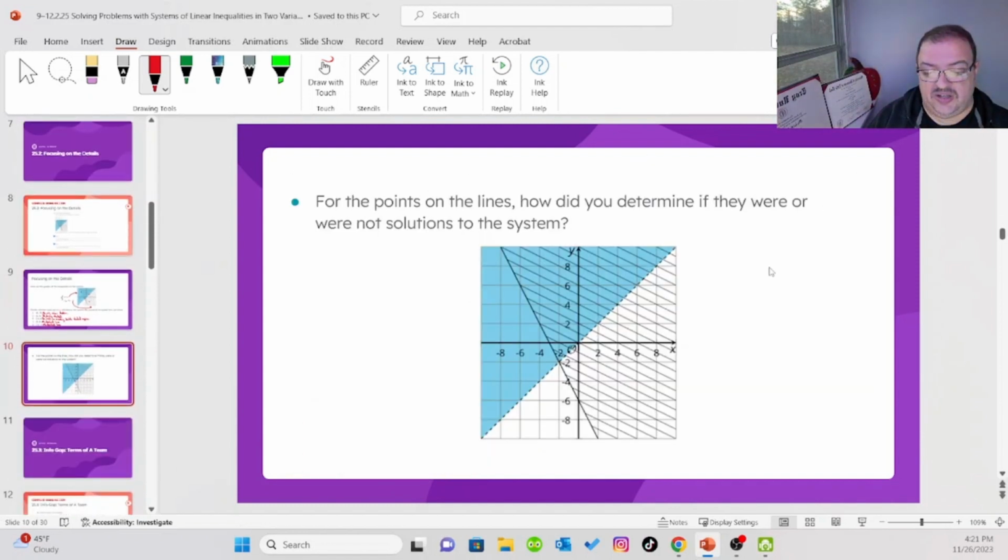For the points on the lines, how did you determine if they were or were not solutions to the system? They must be on a solid line that creates the double shaded area.